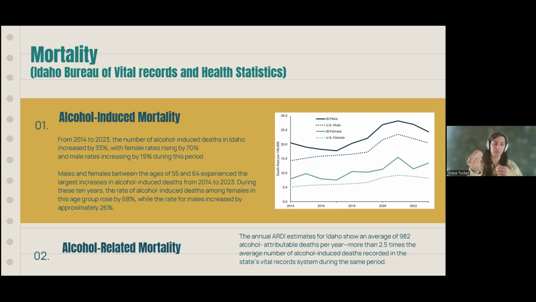While alcohol-related mortality looks at more, so someone could show up with heart disease and have a history of drinking, and it may be on their death certificate that they passed away from heart disease with an attributable factor being alcohol consumption. So Artie looks at something a little bit more holistic and estimates about 2.5 times the average number of alcohol-induced deaths recorded in the state system. So yeah, we'll keep moving here.